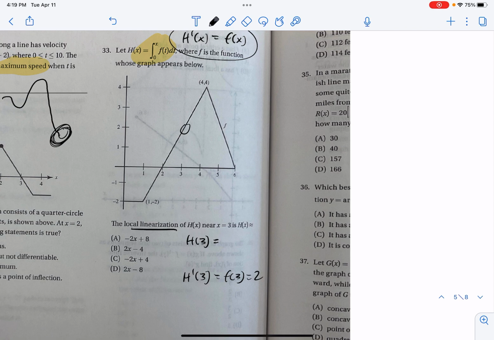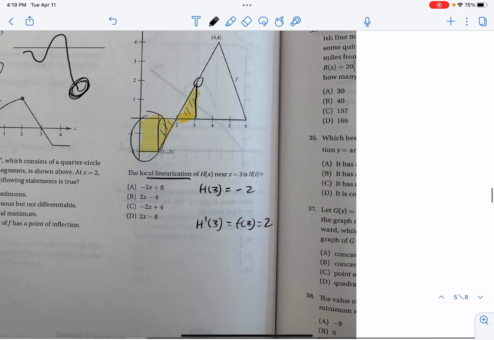H of 3 is this definite integral, which we want to think of in terms of net signed area. It's a definite integral from 0 to 3 of this function f that is being graphed. Intentionally, they want you to notice that these two triangles cancel. So the net signed area comes from that rectangle, and it's -2.